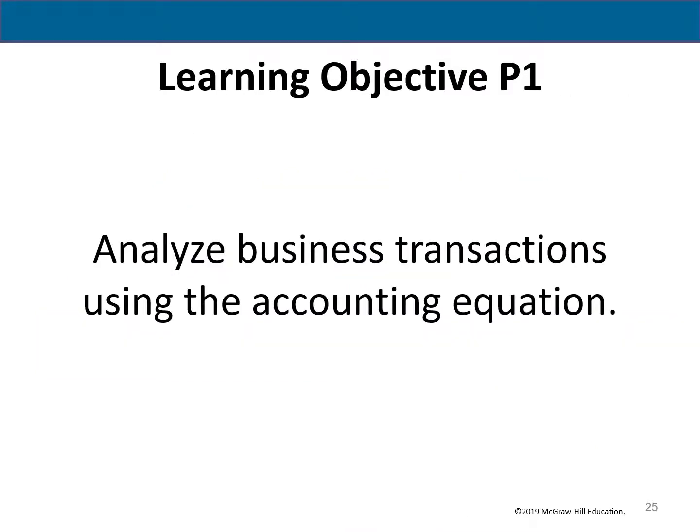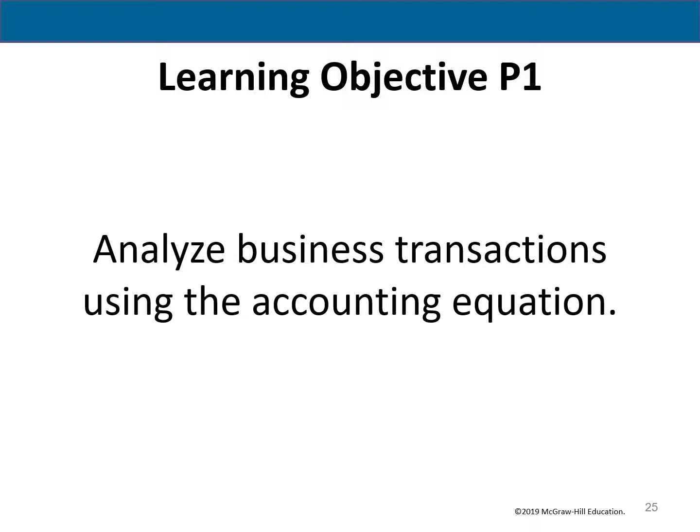So we're going to start analyzing business transactions and putting them into the equation, because this is our first part of accounting. And everybody says, oh, I don't like accounting, it's math. No, math, it's add, subtract, multiply, and divide. That's all we do in accounting for the most part.